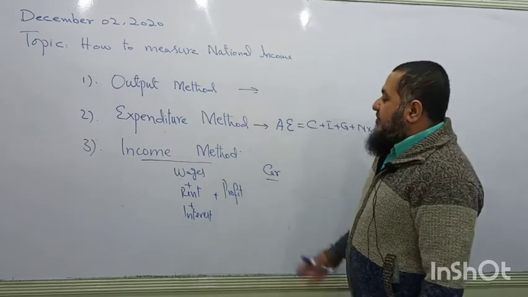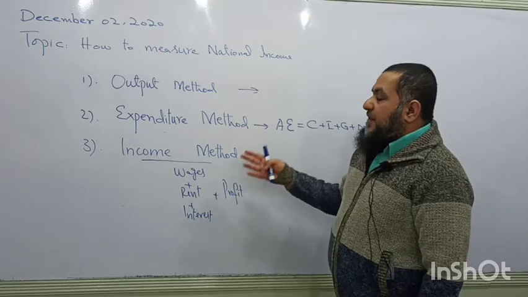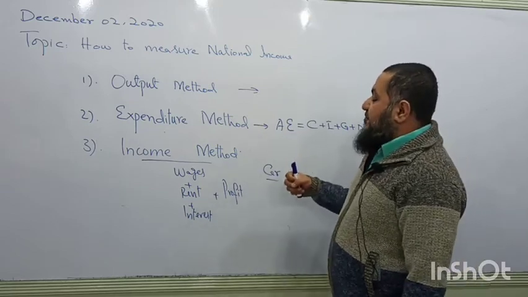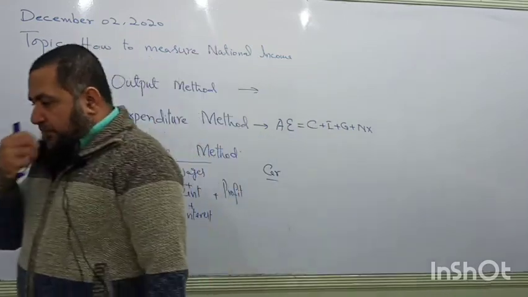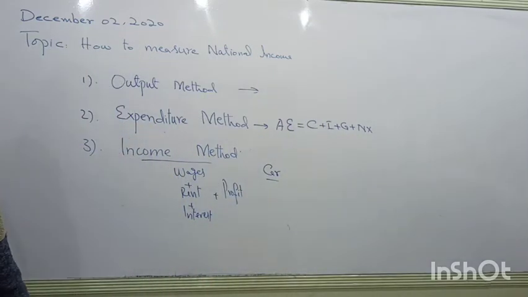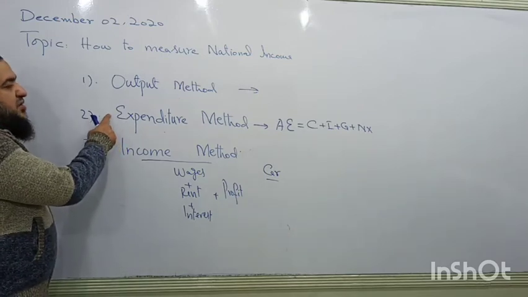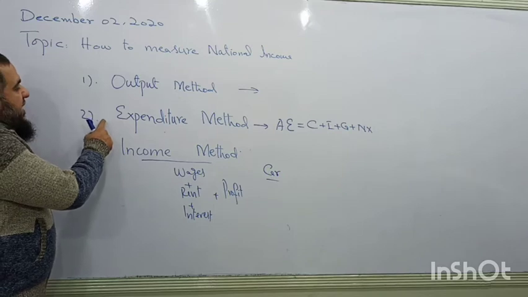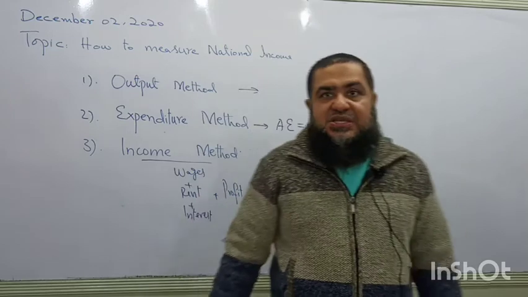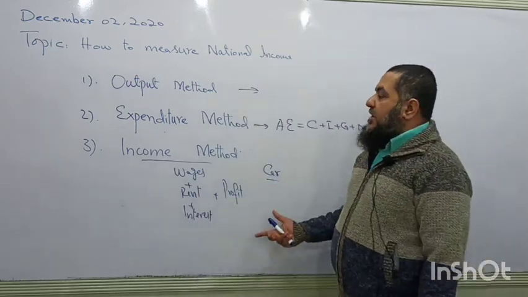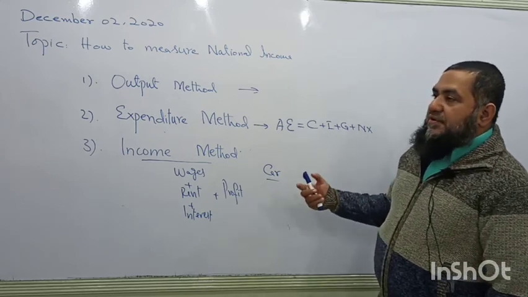If there are any withdrawals, any leakages of this income in the form of savings, in the form of the taxes which are paid, or in the form of imports, then our income cannot be equal to our expenditures on the domestic goods, and that will give us a discrepancy: our output method is giving us a different value for the GDP, expenditures are different, whereas the income is showing us a different value.